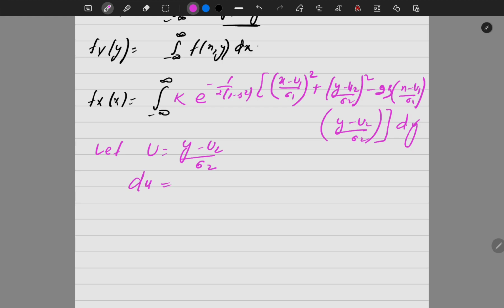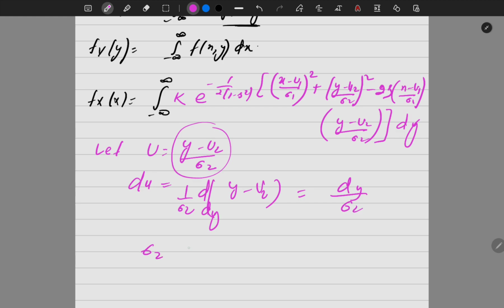We are differentiating this with respect to y, so 1 upon sigma 2 is constant, and the differentiation gives dy upon sigma 2, right?